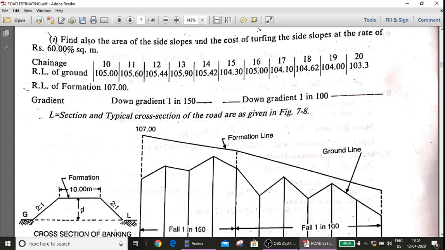So what they have given: chainage 10, 11, 12, 13, 14, 15, 16, 17 up to 20. At those stations, what is the RL of the ground? 105, 105.60, 105.44. These are all the RLs.